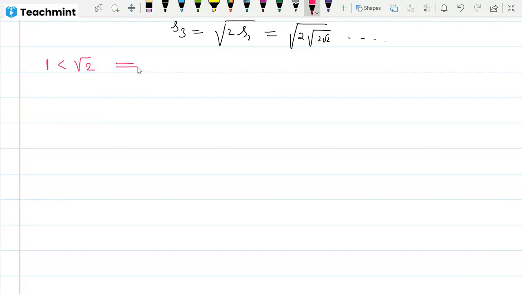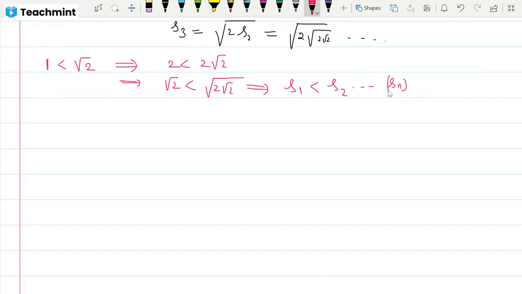So therefore root 2 is less than root of 2 root 2. This means the first term is less than the second term. I'm not going to prove rigorously. This means Sn is an increasing sequence.